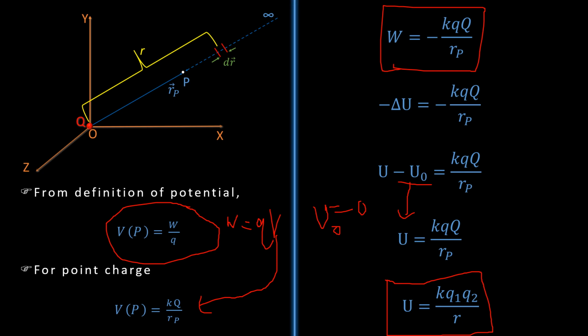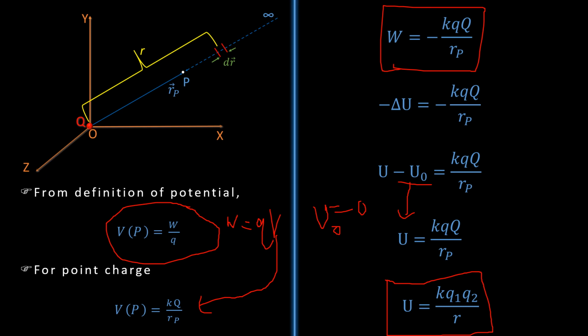Remember that when the charges are like charges, they try to go away from each other. They are under the influence of repulsive force, and hence potential energy is positive. But when the body or charge is under the influence of attractive force, the potential energy is negative. So you can also say that in bound state, potential energy is negative.